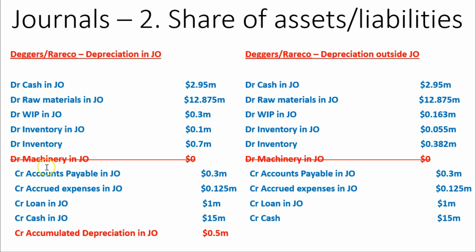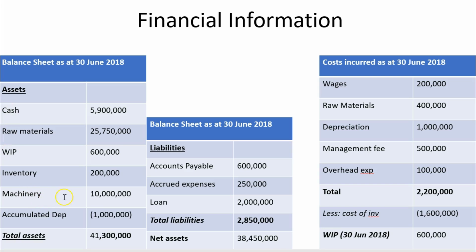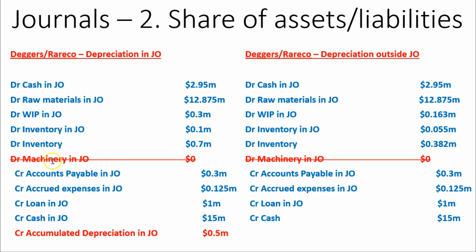So our next one, machinery. Now, there is a balance of machinery on our actual balance sheet, but you can see that I haven't actually recognized any amount. Now, the reason for this is because, if you remember, to start off with, $10 million of machinery was actually contributed to the joint operation to establish it.